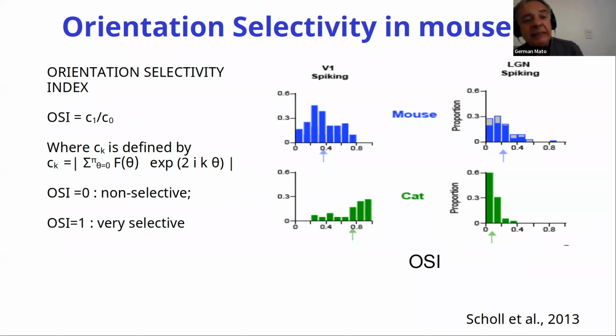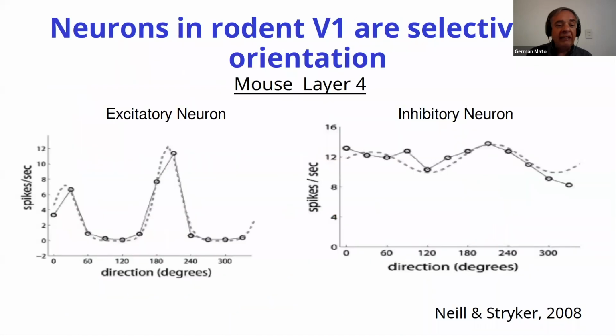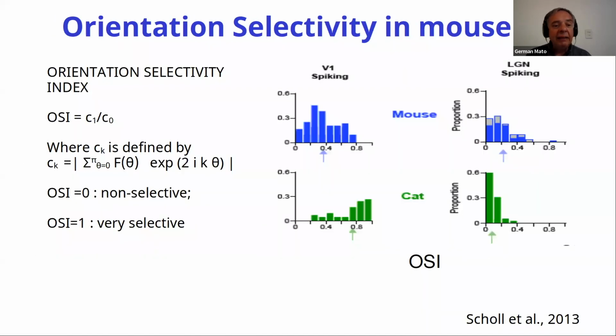The orientation selectivity index is a ratio between the modulation of the tuning curve and the mean value, and it's defined in terms of the Fourier expansion of the tuning curve, where f of theta will be f0, f1, f2, etc. This is the quantity I want to measure.